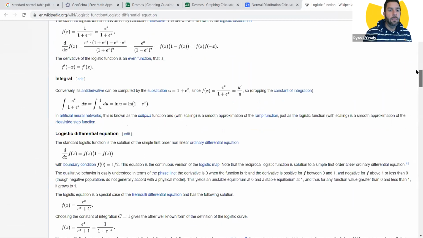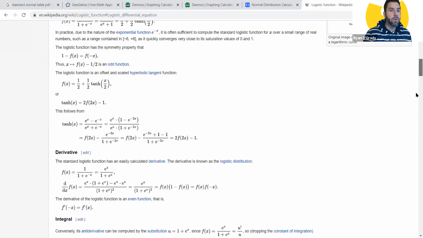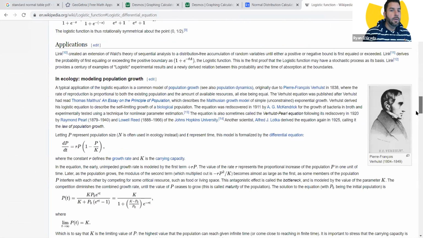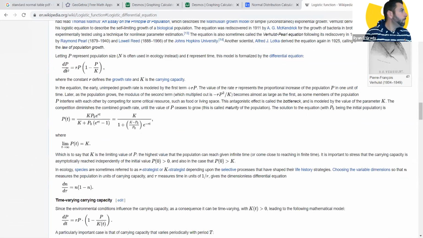And this differential equation turns out to be separable. So in many ways, it's a simplified model of what happens if you have a population and you want to ask, how does the population evolve over time?